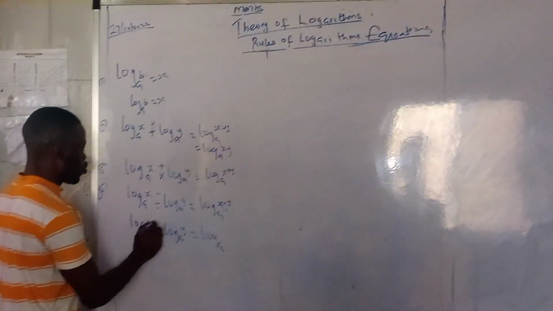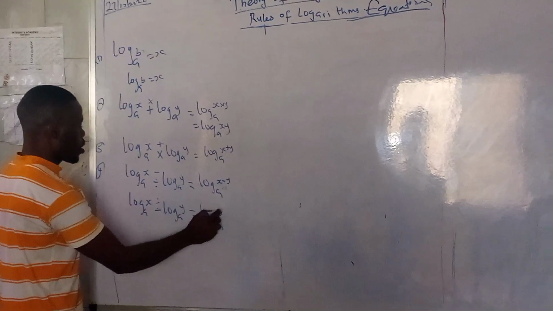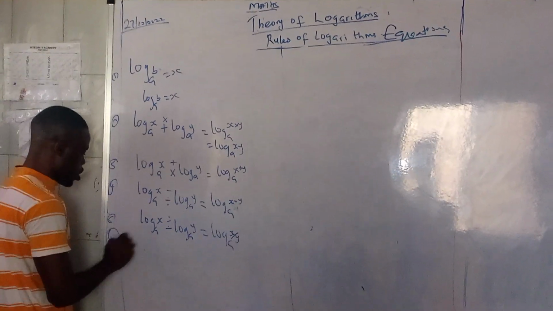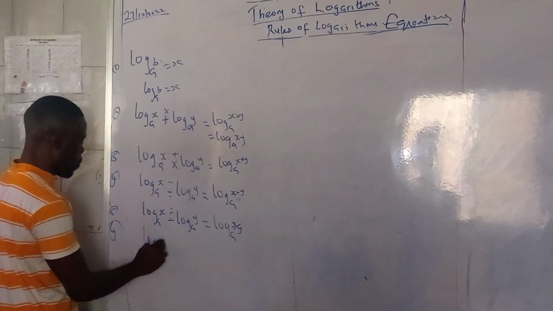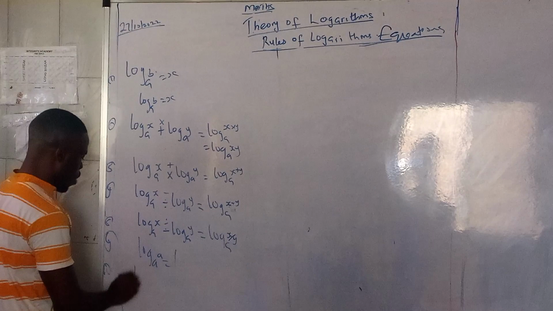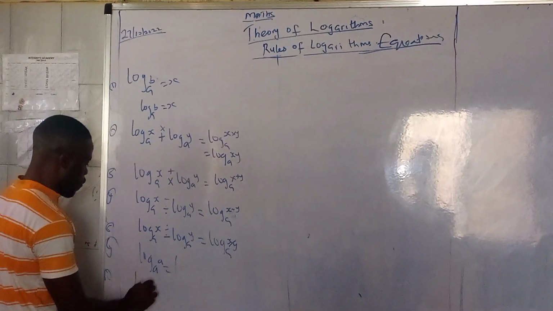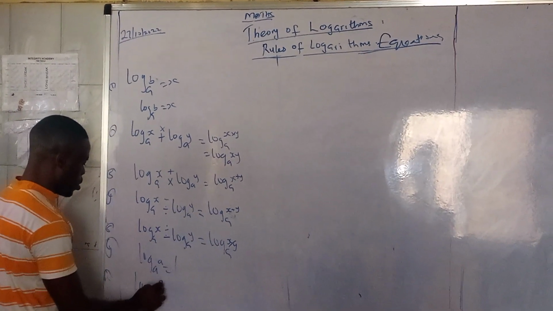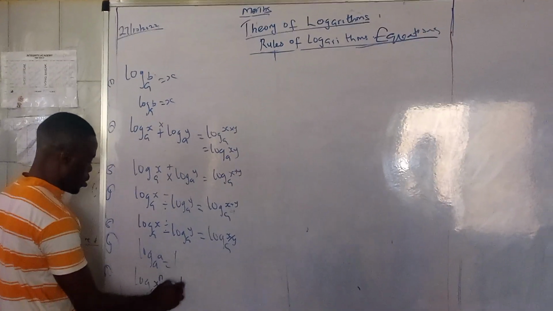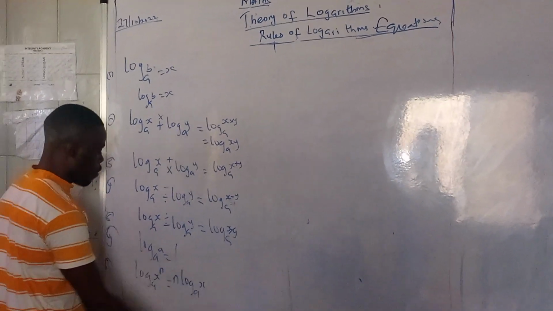The minus will change to divide, which will give x divided by y. Okay, rule 6, when you are given log a to the power of a, this will give you 1. Rule 7, when you have log a to the power of x^n, the n will come to the front, n log a to the power of x.